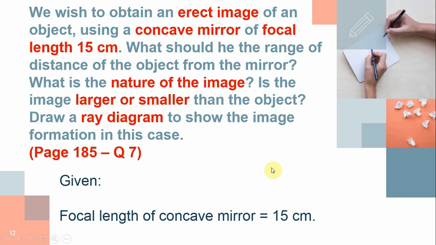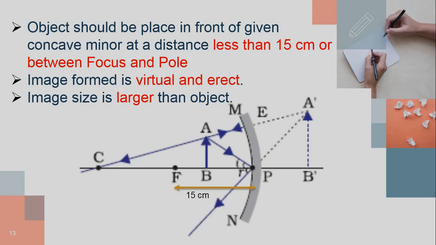So we can discuss this concept using a ray diagram. In a concave mirror, there are 6 cases. From the first 5 cases, we get real and inverted images. In the last case, we get a virtual and erect image. We can omit the first 5 cases because this problem needs an erect image.